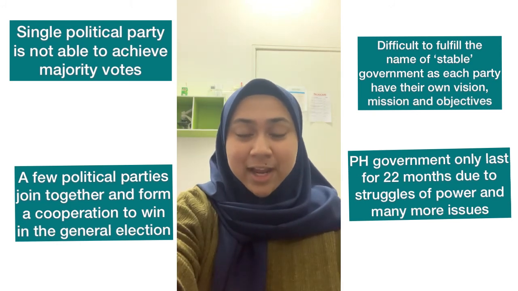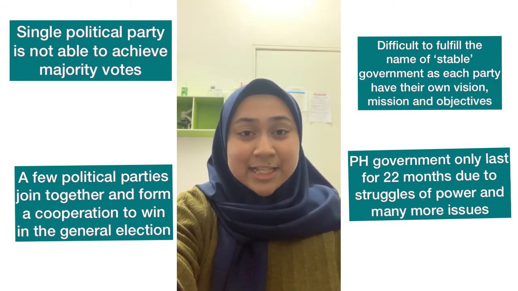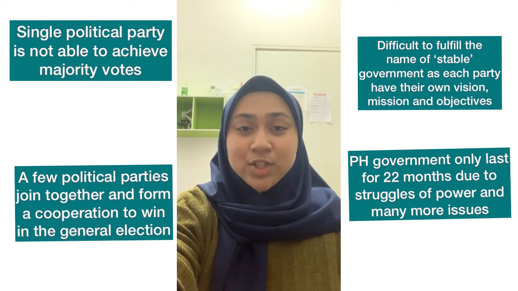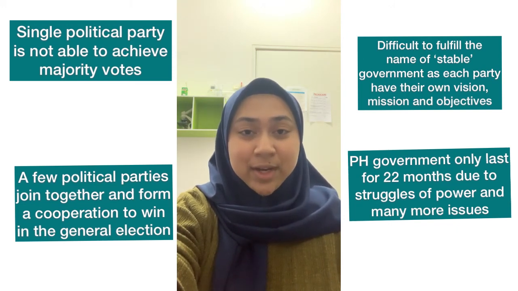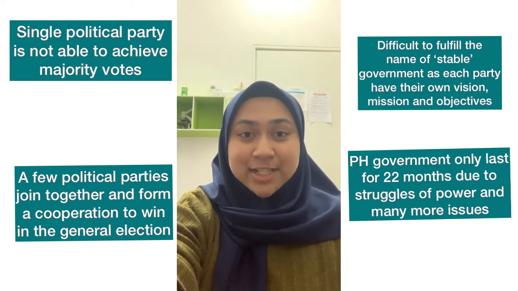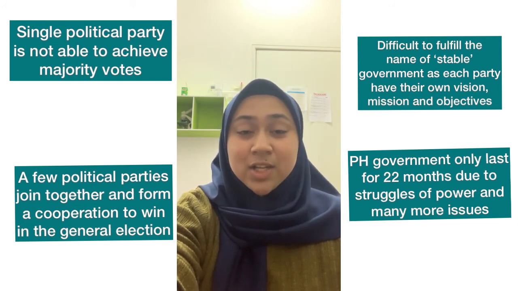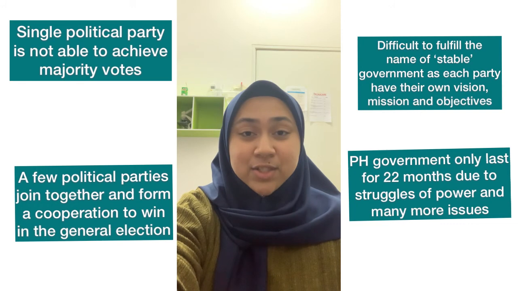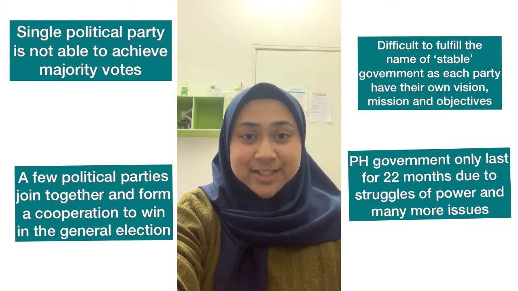Due to the lack of majority vote, these political parties would join together to form a new one in order to achieve higher votes. These political parties would not simply join any other except for the powerful ones so that they will be able to win the general election.